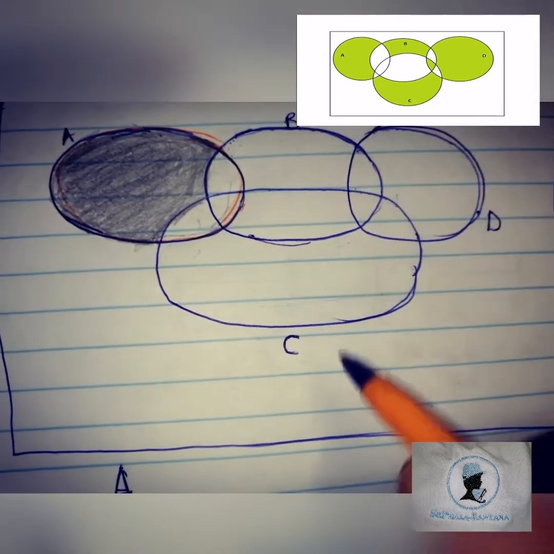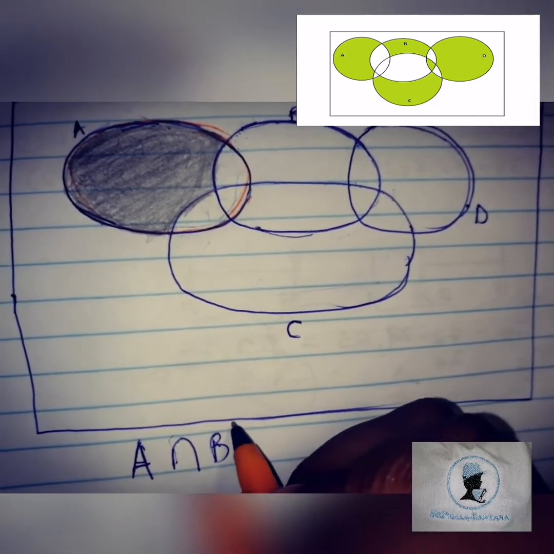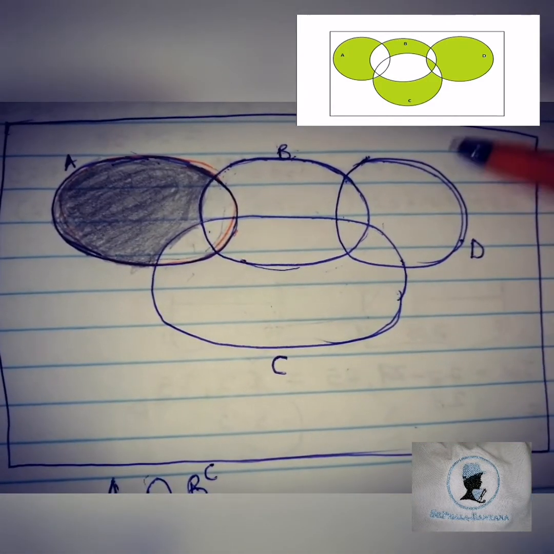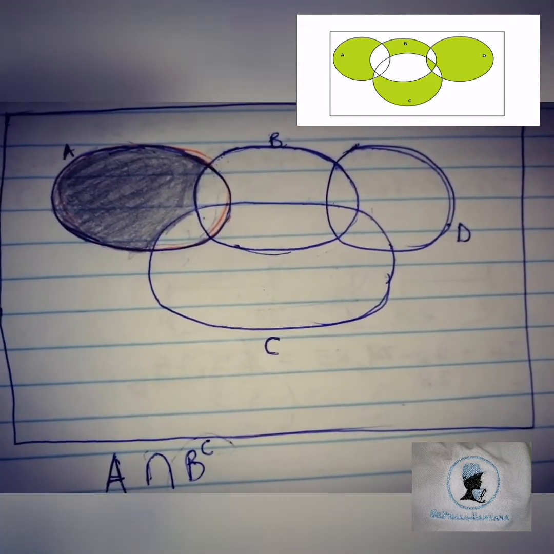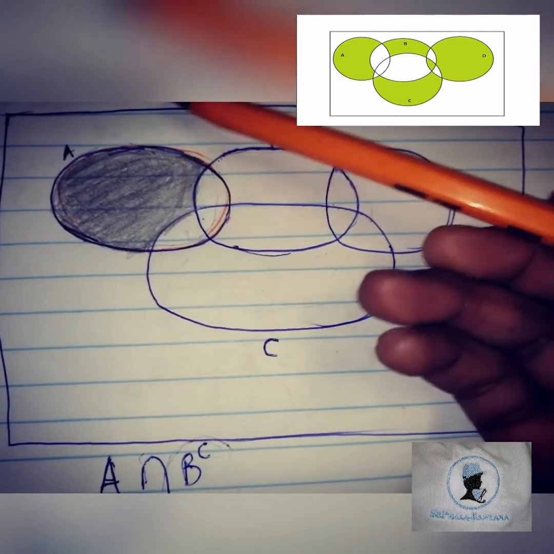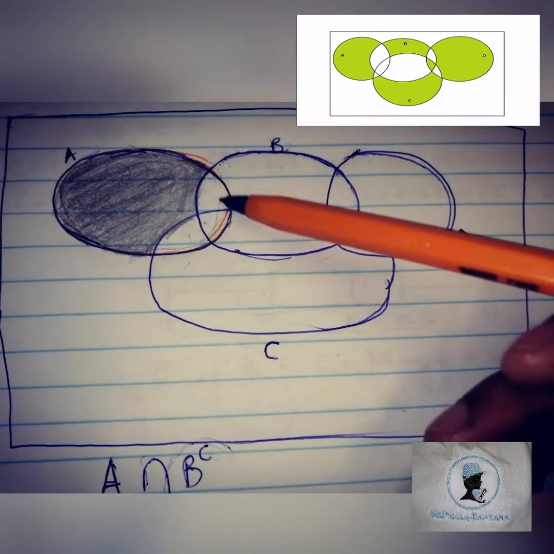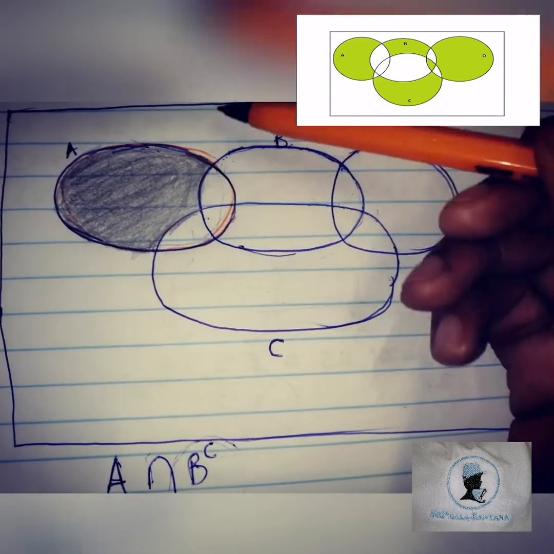So we are going to say intersect B complement. You know that B complement is everything that is not part of B, but the set B complement, which is everything that is not part of B, intersects with A here.